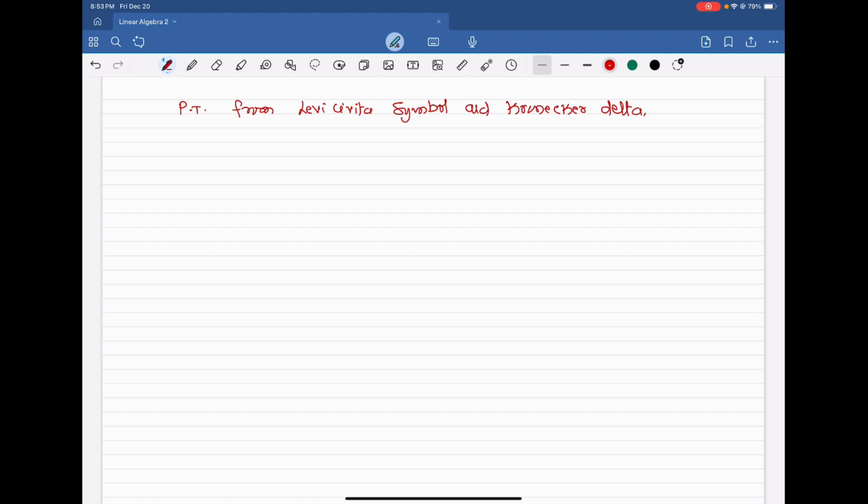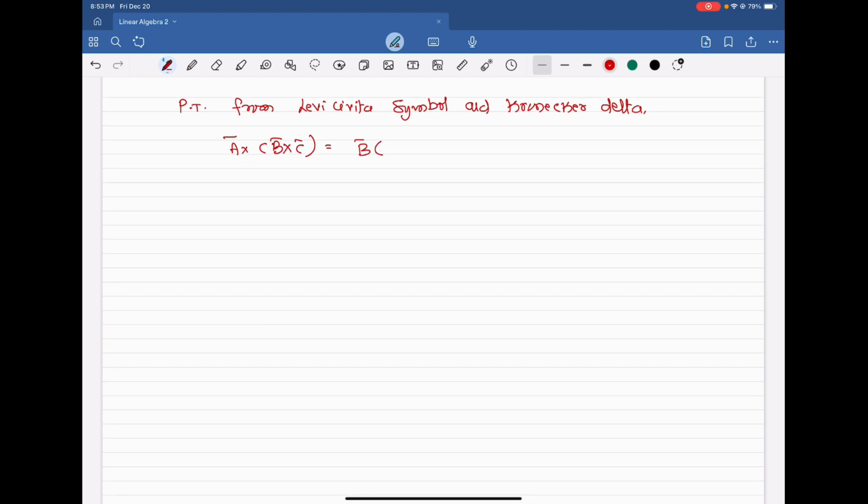Let us say triple product A cross B cross C is equal to B into C dot A minus C into A cross B. This part we have to prove.